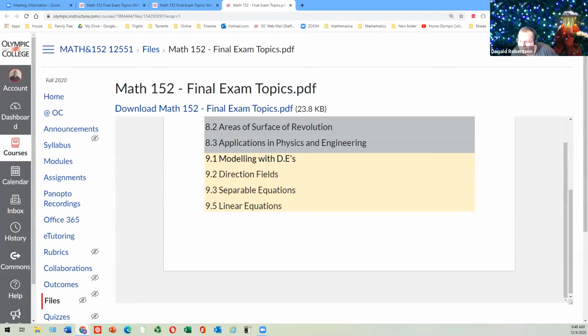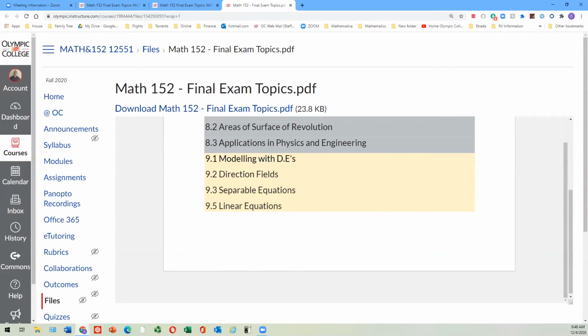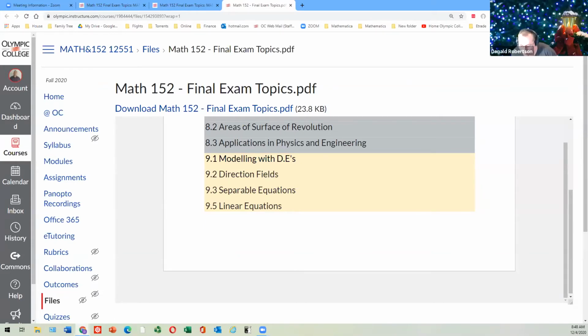So it will be designed to take 2 hours, but you're getting 3 so that you don't have the stress of rushing. Hopefully most of you by the end of 2 hours will be finished, but you might want to spend another 20 minutes checking all your answers. Well, the working at least for your answers, because your answers are committed, right?